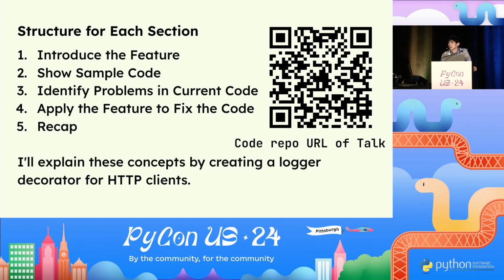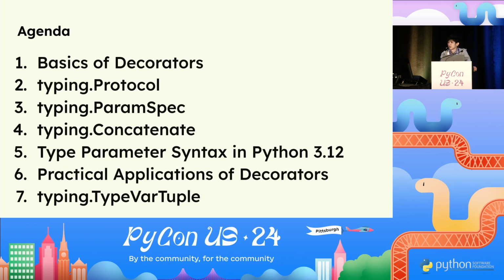Please check this QR. After the talk, I will show the same URL and QR code again. In this talk I will explain the concepts by creating a logger decorator for an HTTP client.